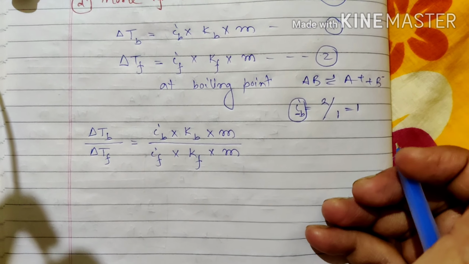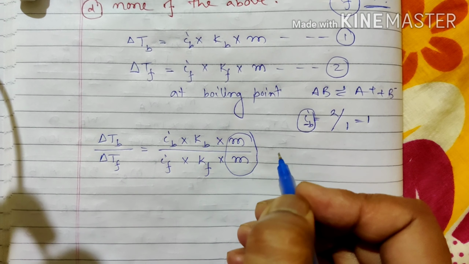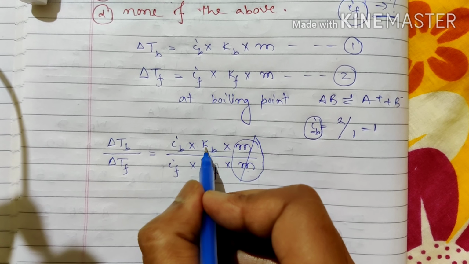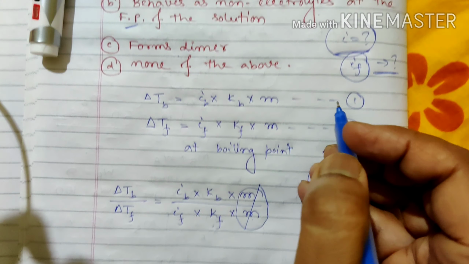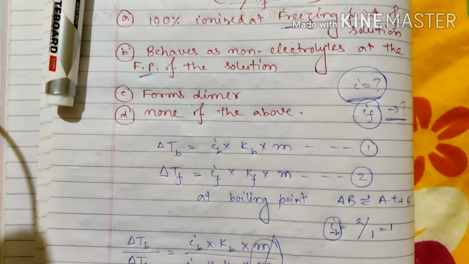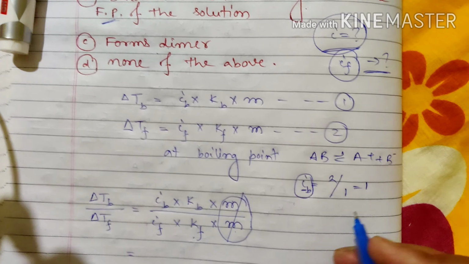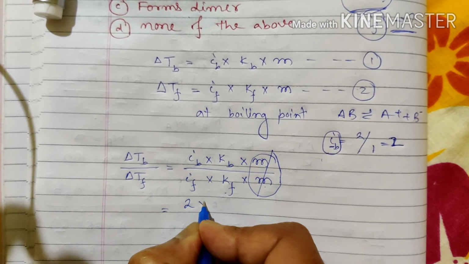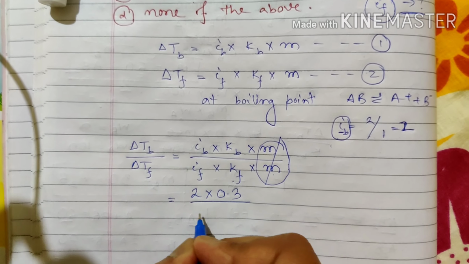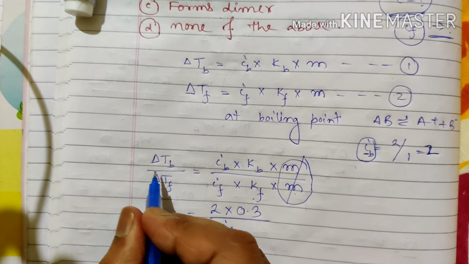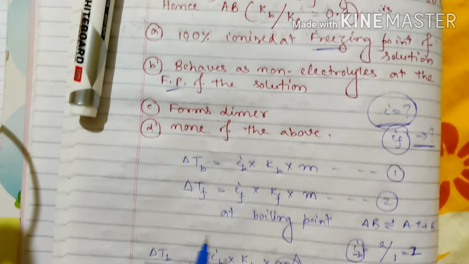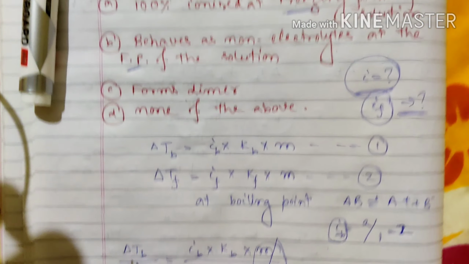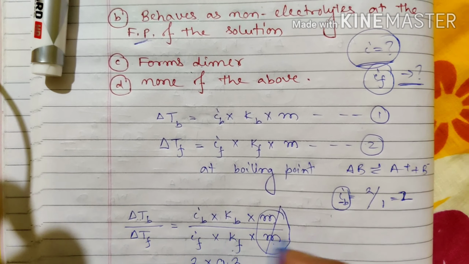Let us see what are the values that are already known. Well, it is for the same solution, so M will cancel out. Kb by Kf, the value is already given, 0.3. And value of IB is also, it should be 2 rather. So it is 2 into 0.3 divided by IF. And on the left hand side, delta TB means the elevation in boiling point.